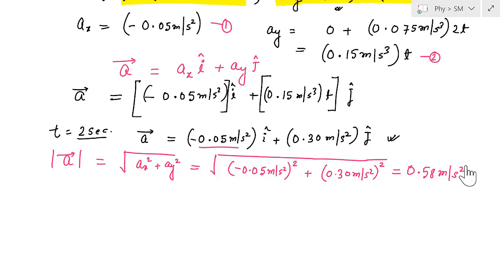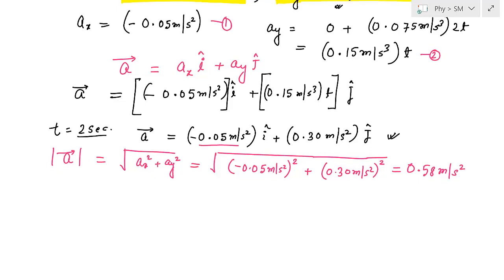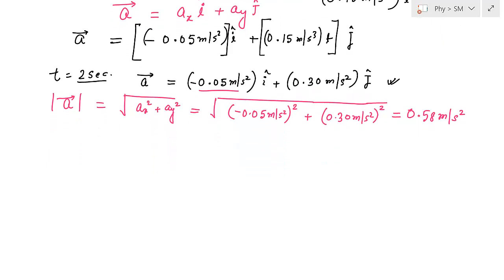Now we also have to find the direction in which this acceleration is directed. If you remember, it was said in the beginning of the problem, this is the origin, that is the stationary lander position, and the rover is somewhere, let's say here, at t equals 2 seconds. It has two components of acceleration. This is my x-axis, this is my y-axis.